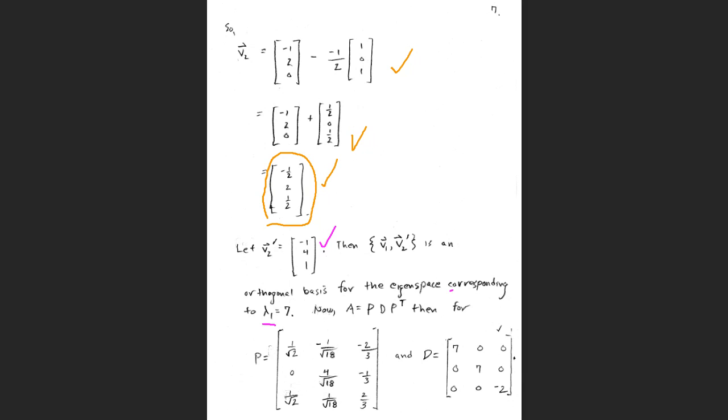V1 was equal to (1, 0, 1), and V2 prime is (-4, 1, 4)? This is V1, this is V2 prime, sorry. And yes, those vectors are orthogonal for sure.